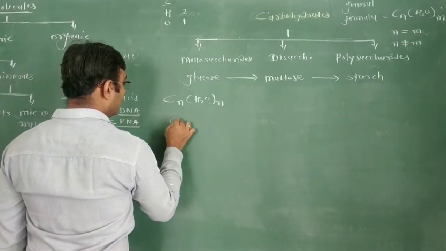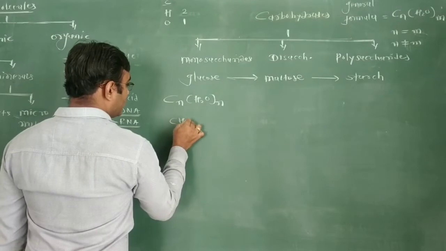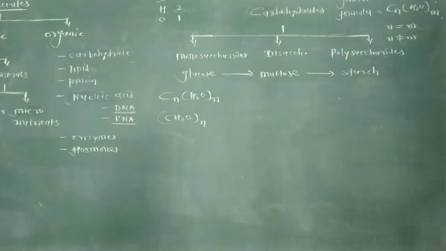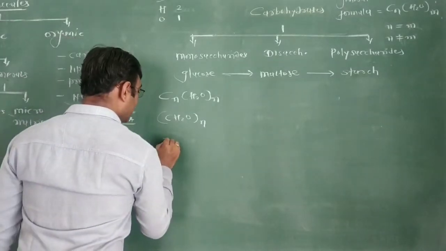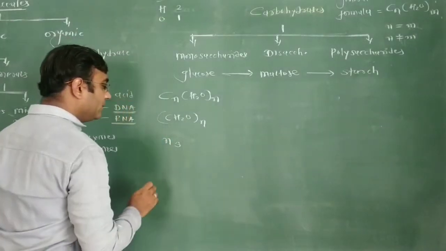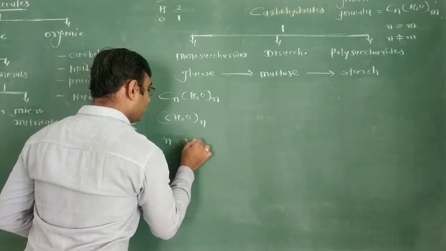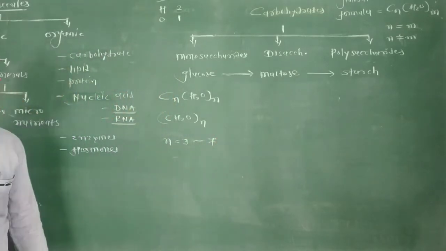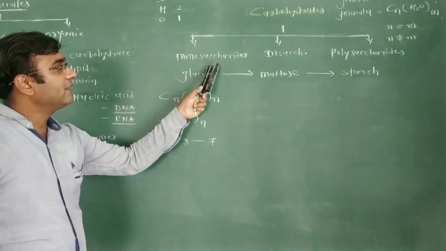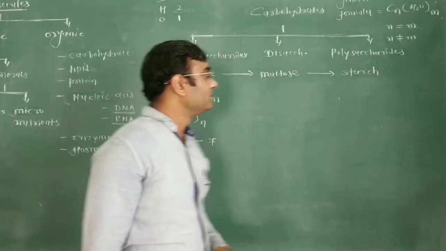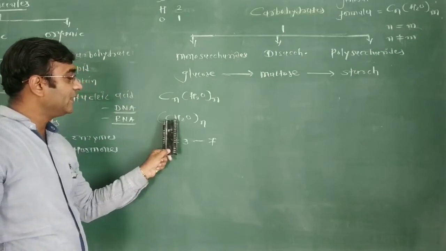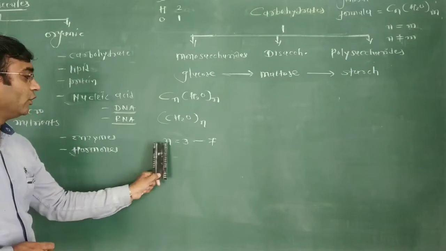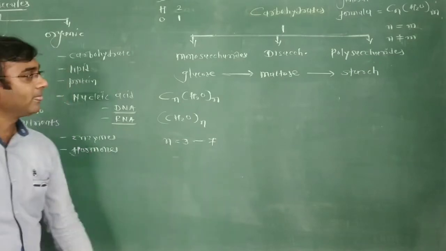Modify and write it as (CH2O)n. Here the value of n is 3 minimum, n is equal to 3 up to generally maximum 7. So for monosaccharide n is equal to m, and the formula is (CH2O)n or m. Value of n is minimum 3 to 7.